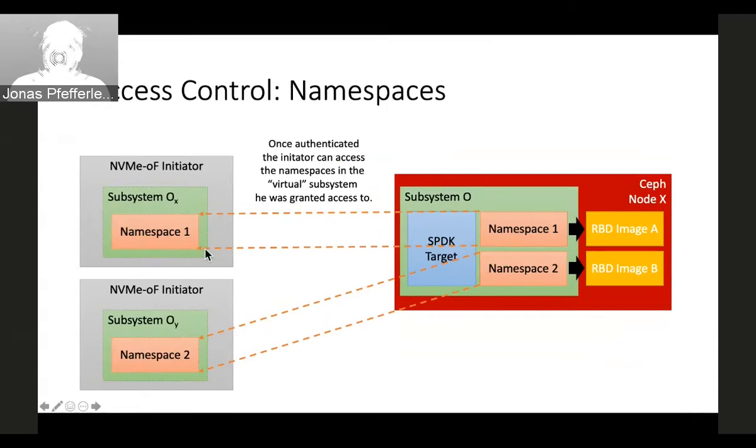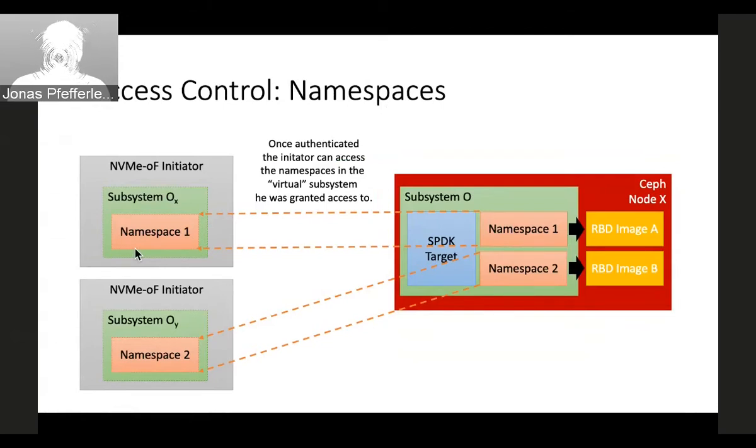Which basically lets you connect to the subsystem, but when you authenticate yourself with the subsystem and some client ID, you only see the namespaces you are allowed to see. So you cannot enumerate all the namespaces in the subsystem. Exactly, so from the initiator's point of view, it looks like it only has this one namespace in it. So you don't see a difference in connecting to any other subsystem, right?